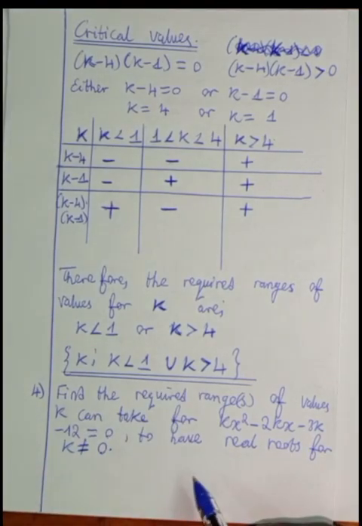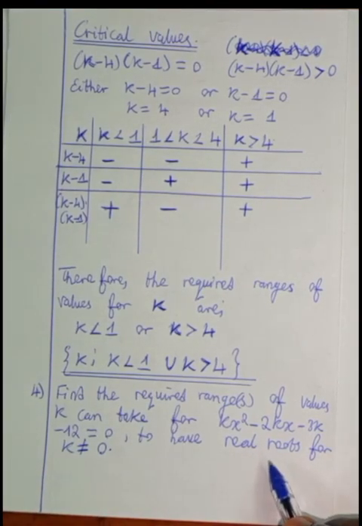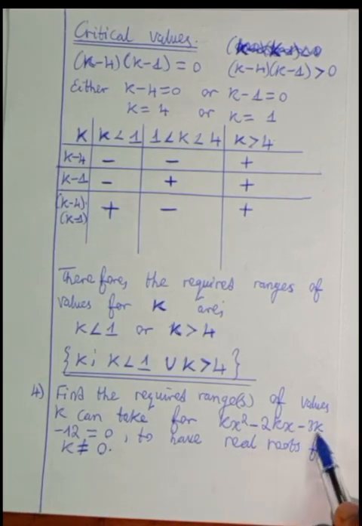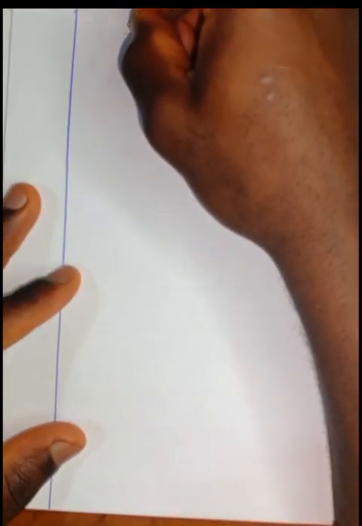Remember, for our quadratic equation to have real roots for k not being equal to 0, the discriminant of this quadratic equation should be greater than or equal to 0. That's what it means.